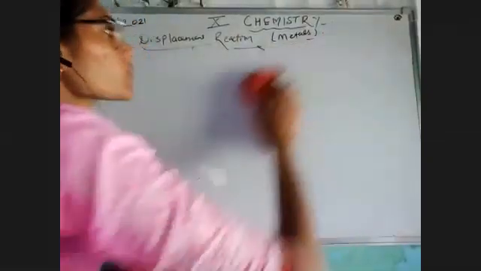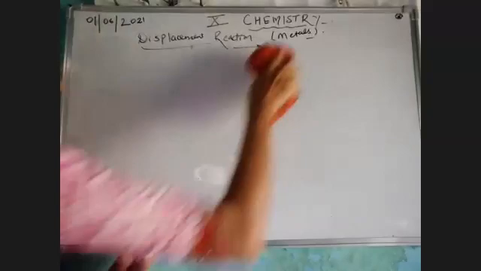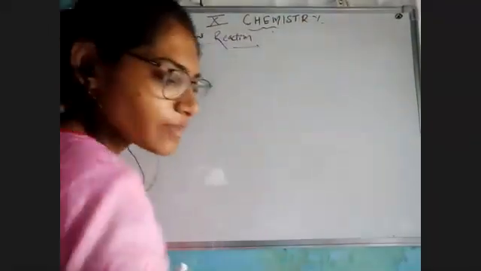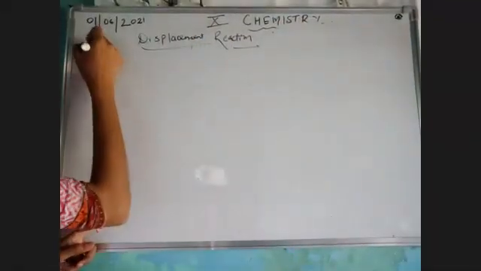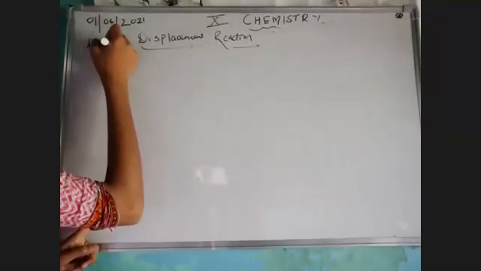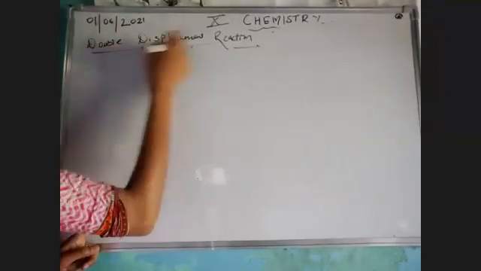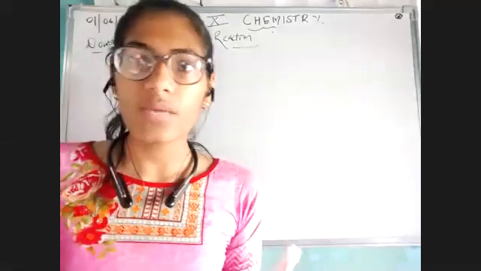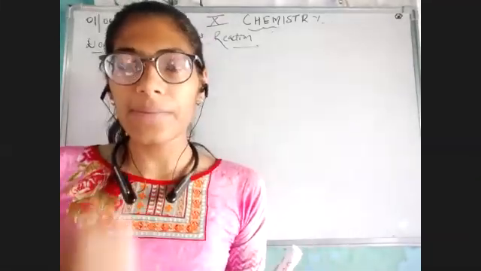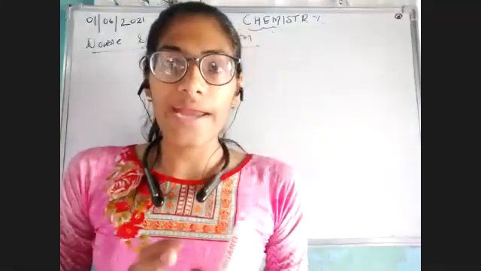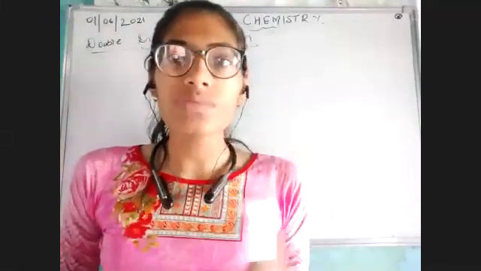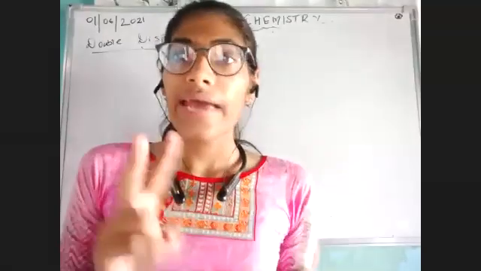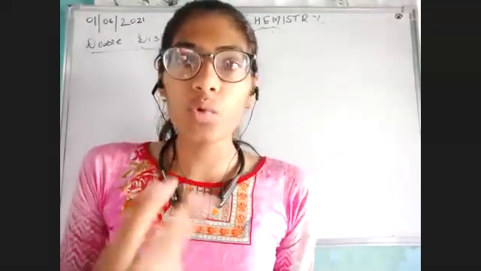Okay, now the fourth type of reaction is known to be double displacement reaction. So what does double displacement reaction mean? The double displacement reaction, as the name says, is one in which two compounds have been given to us, and there is replacement of two atoms.